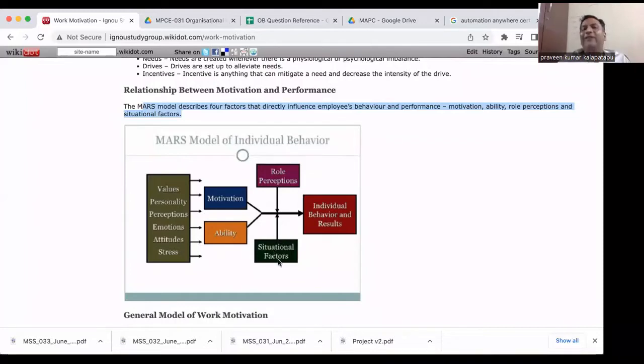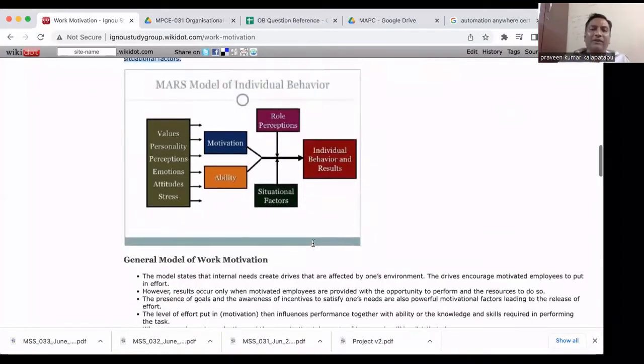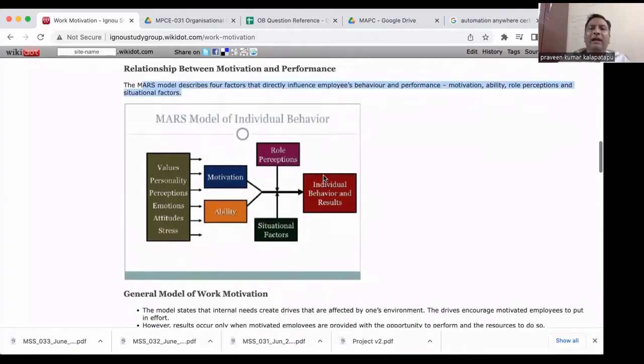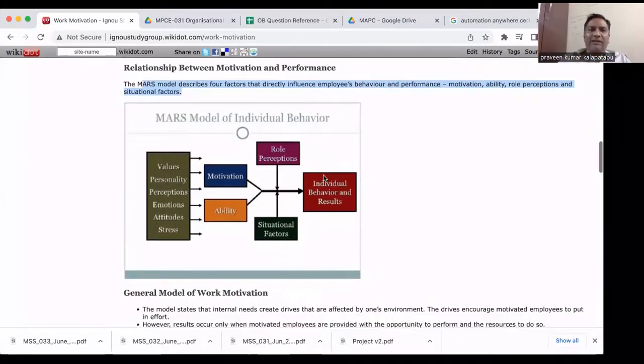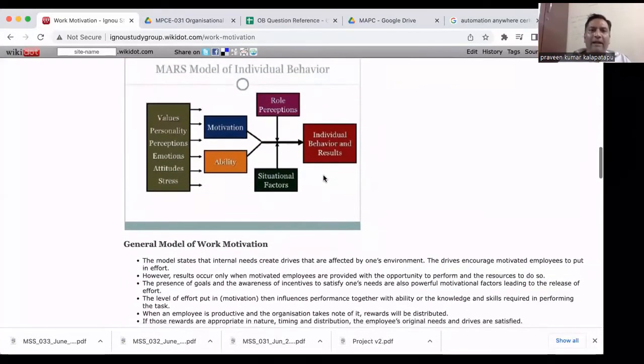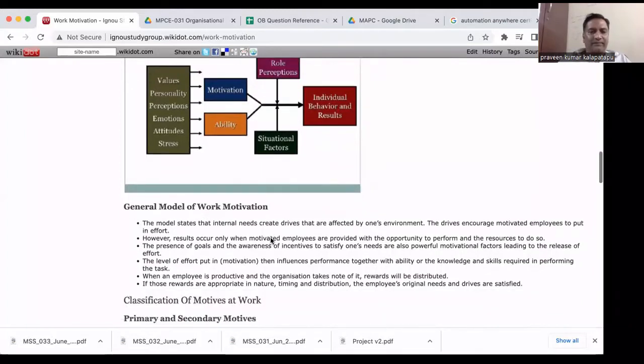So the situation did not favor you. There could be situational factors that affect the final result. So these are the four aspects which go into individual behavior and the results as such. That is the MARS model, right? M is motivation, A is ability, R is role, and S is the situation.